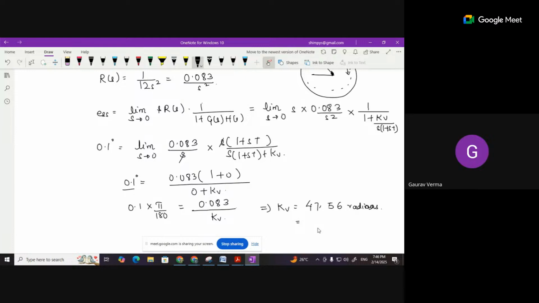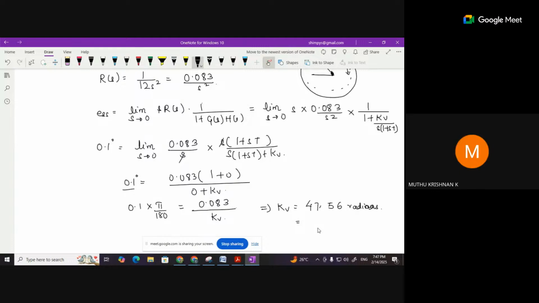If you carry along with your calculation, pi divided by 1800 is equal to, so that will give kV as 1800 divided by 12 pi. You are getting the same answer? So 1800 divided by 12 pi gives me 3.1416 radians. Muthu, you are getting the same answer?